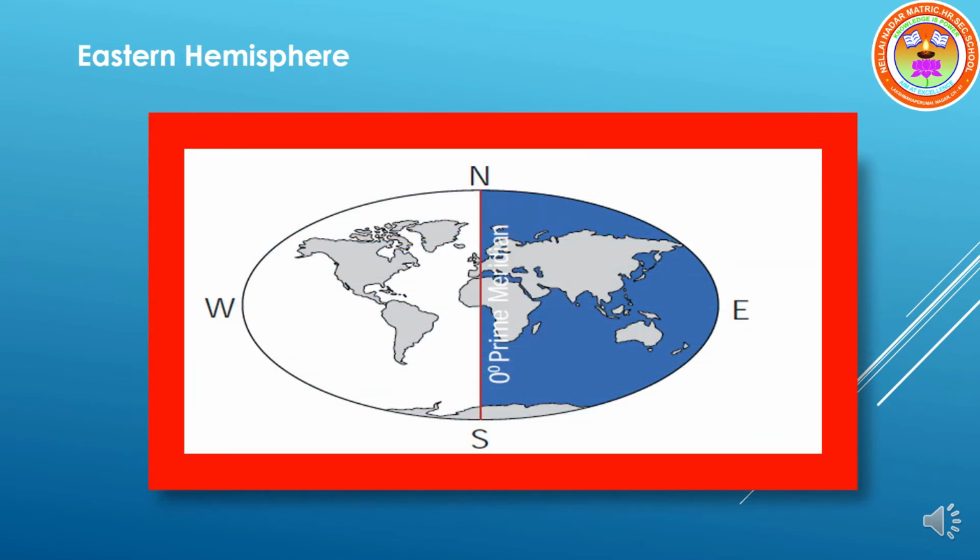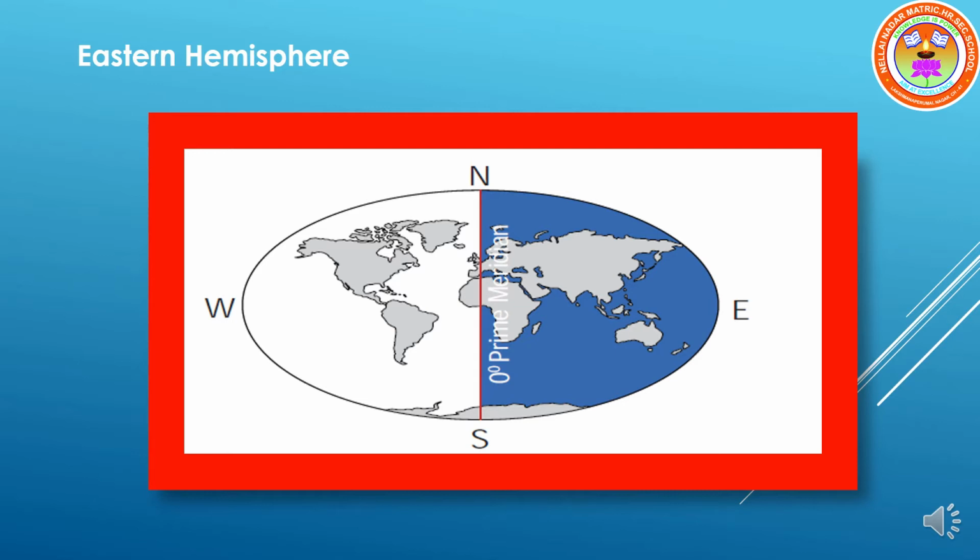Children, this is the image of Eastern Hemisphere. Hemisphere means half of the circle. Okay. Eastern Hemisphere is located on the right side of the globe. That is the shaded blue color part of the Earth. It's called Eastern Hemisphere.